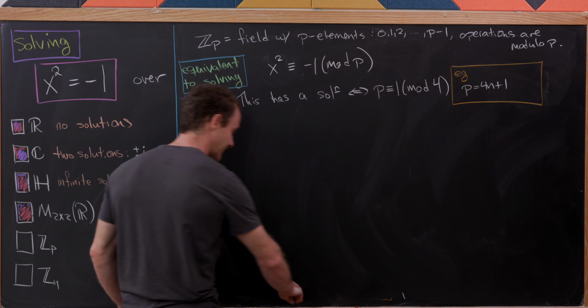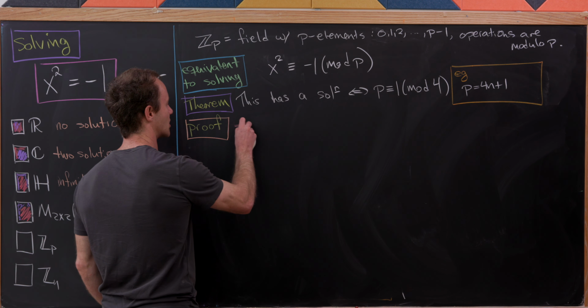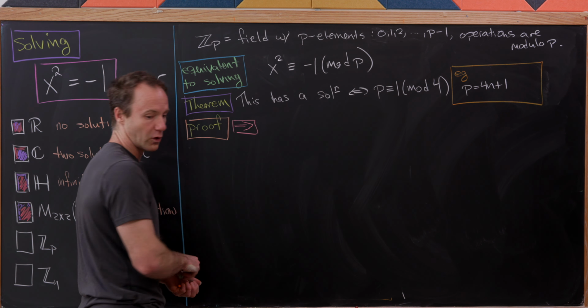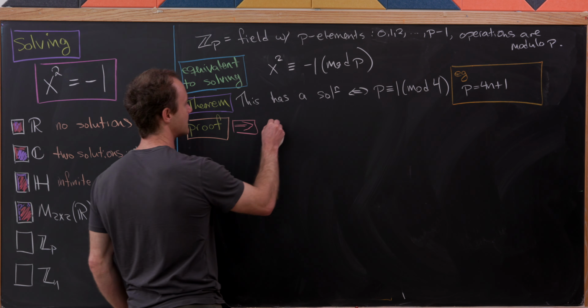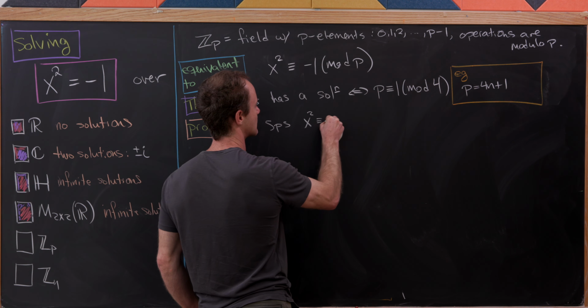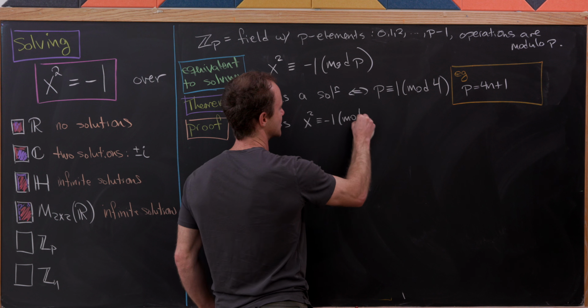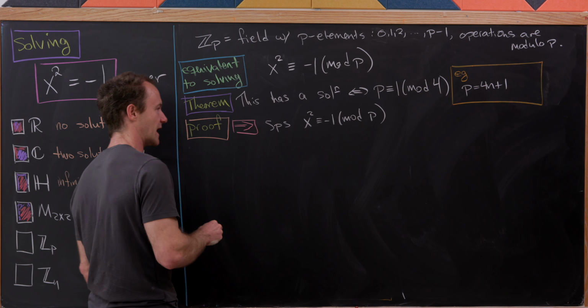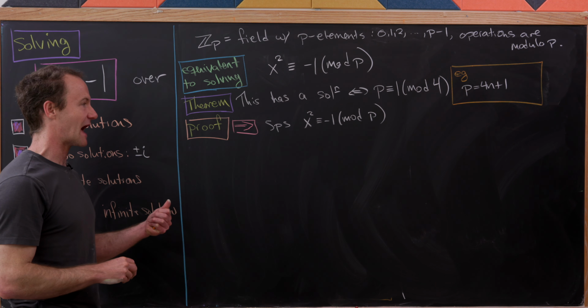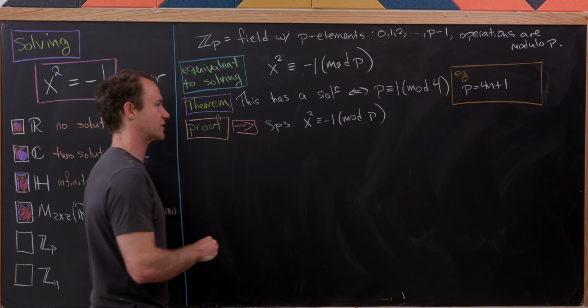Okay, so this is an if and only if statement, which means there are 2 directions to prove. Let's prove this forward direction first. Okay, so let's suppose that x squared is congruent to -1 modulo P. And then let's raise that whole equation to the power (P-1)/2.